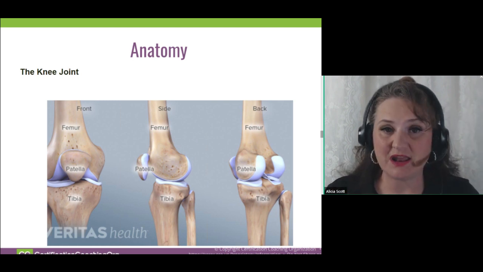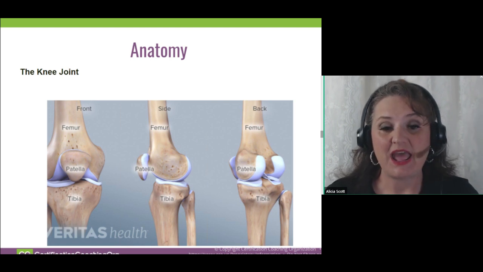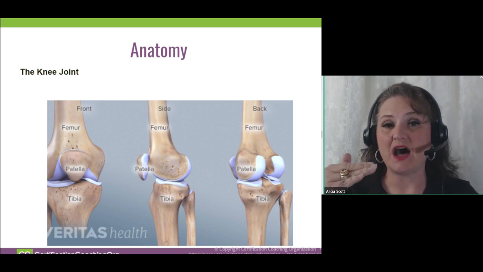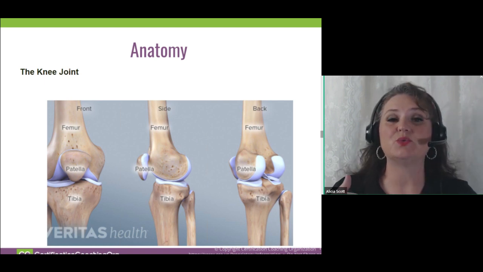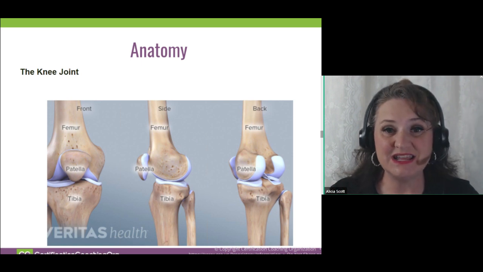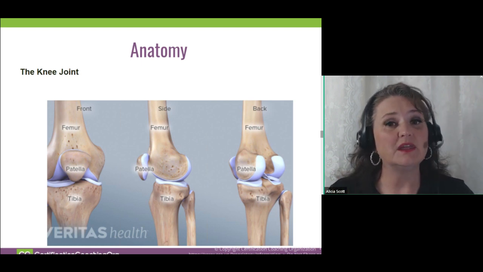Why do you need to know the anatomy? Well, first of all, it's going to be documented. And as you're reading the op reports, if there is any complications or they're doing maybe a revised knee replacement, which we're not going to talk about tonight, we're going to do just a simple knee replacement, then that would be pertinent.